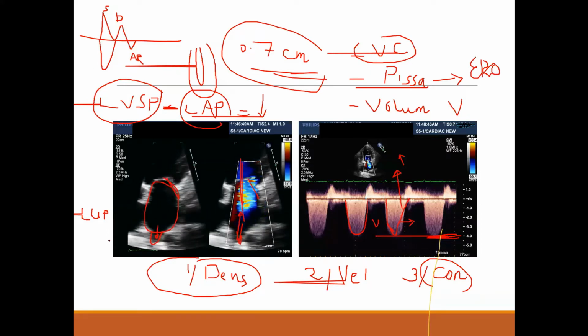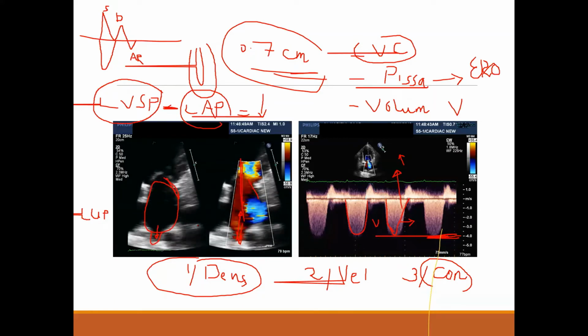So that is called systolic reversal in the pulmonary vein, which is specific of severe mitral regurgitation. But again, it has high positive predictive value but low negative predictive value. Meaning if I see systolic reversal, I am very confident that I have severe mitral regurgitation. But if I fail to elicit reversal, that is not going to rule out severe mitral regurgitation.